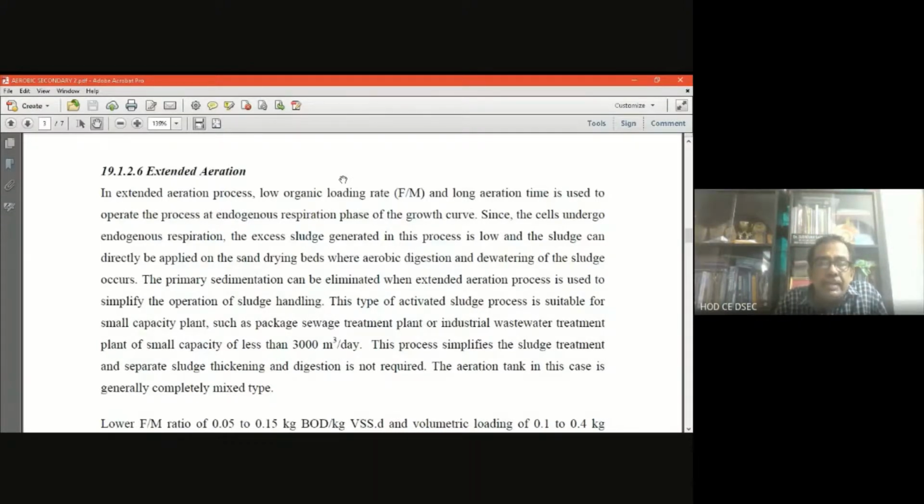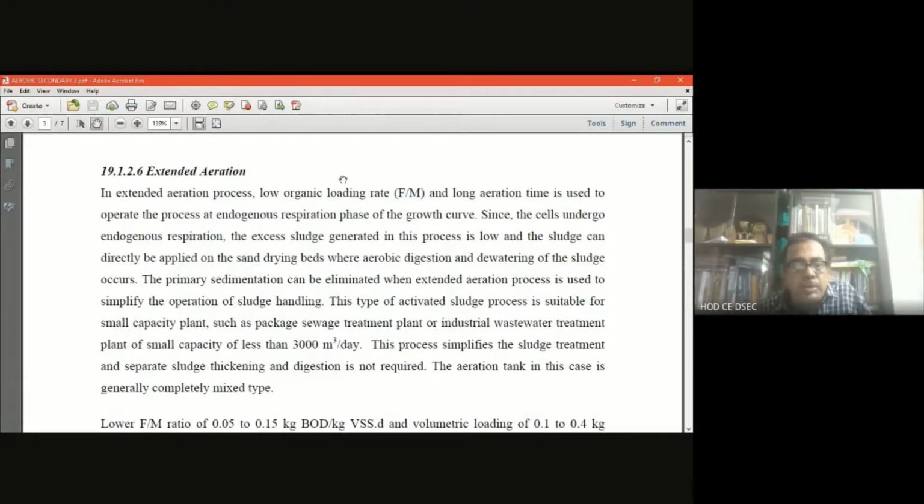So the primary sedimentation tank can be eliminated with this extended aeration process, and the handling of the sludge is very easy, as I have shown you, because there is no problem of sludge bulking or floating sludge in the case of the extended aeration system, because you are maintaining the aeration properly. This type of activated sludge process is suitable for small capacity plants.